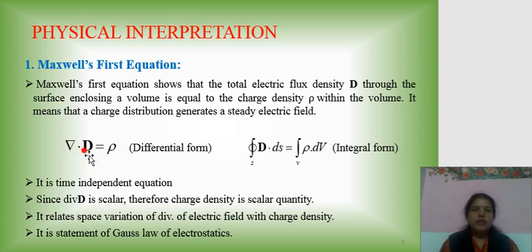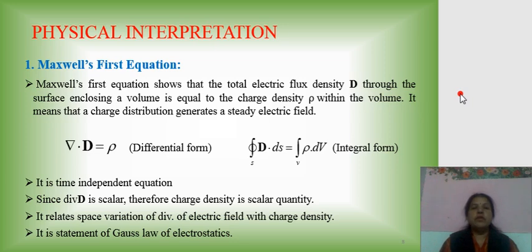As it is a scalar quantity, therefore charge density is also a scalar quantity. It relates space variations of divergence of an electric field with a charge density. It is the statement of Gauss law for electrostatics. Here Gauss law for electrostatics is used for Maxwell's first equation.